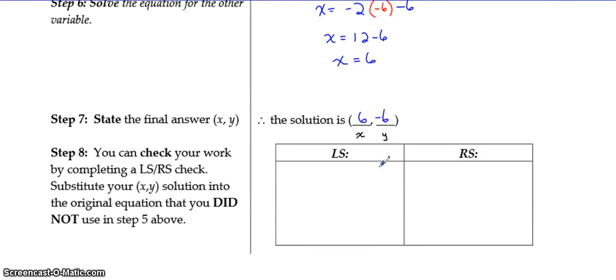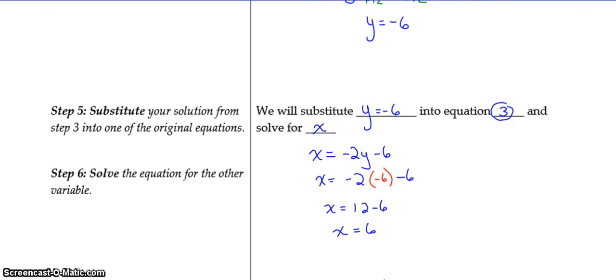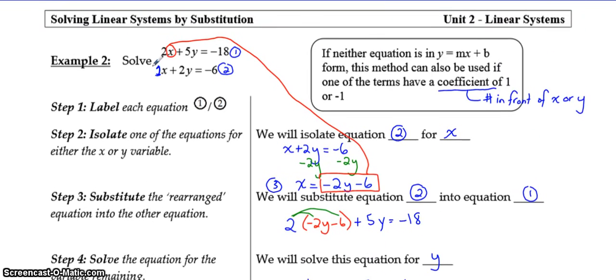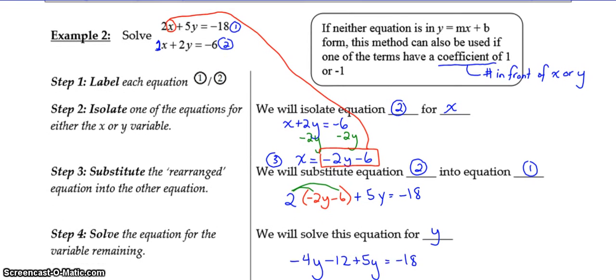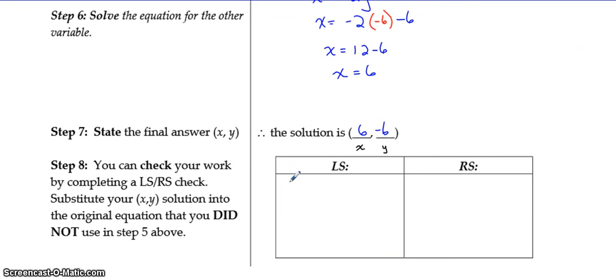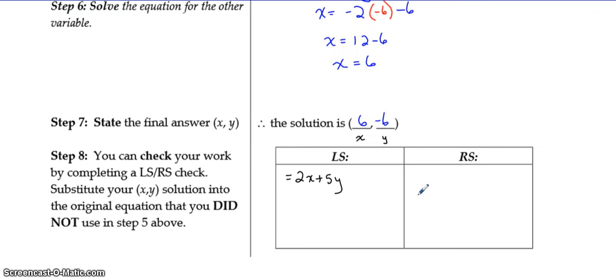In order to check your work, you're going to use the other equation. So we used this equation right here to solve for x and y. So now we're going to use the first equation. 2x plus 5y equals negative 18. So the left side was 2x plus 5y, and the right side was negative 18.